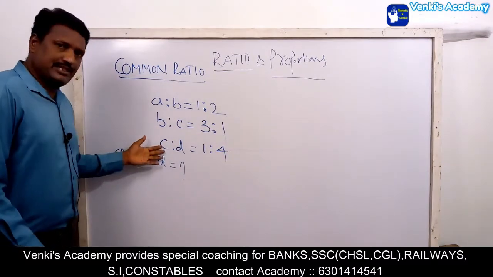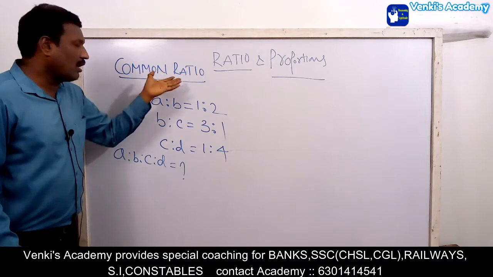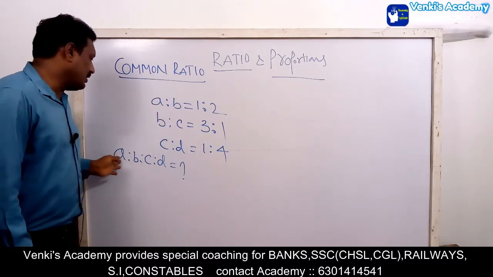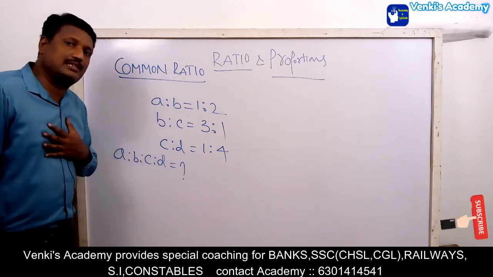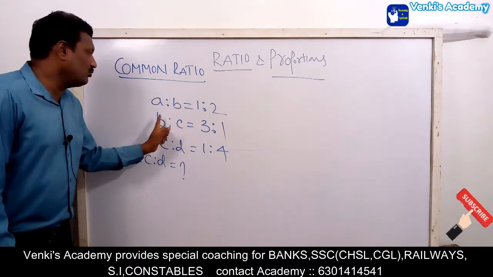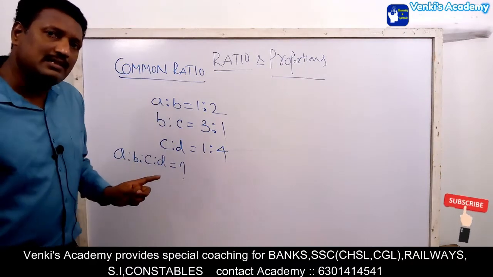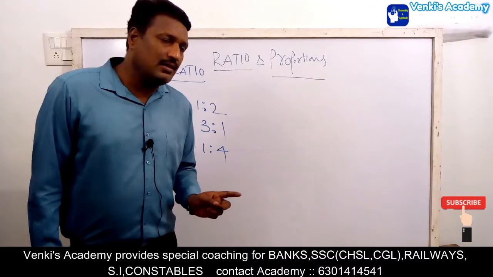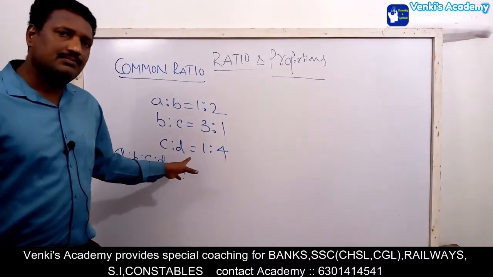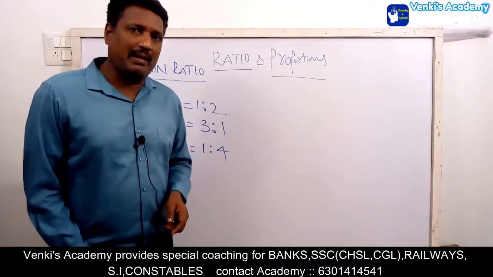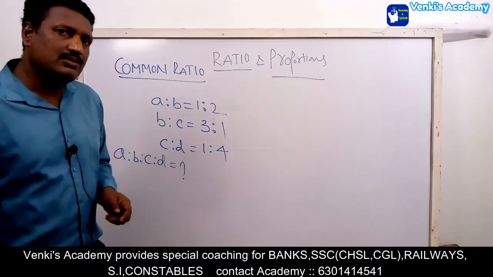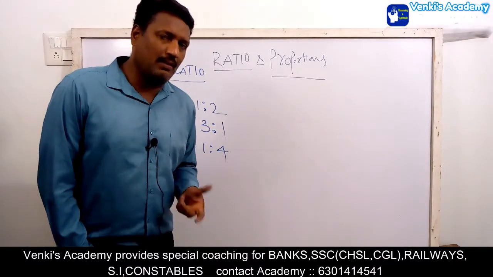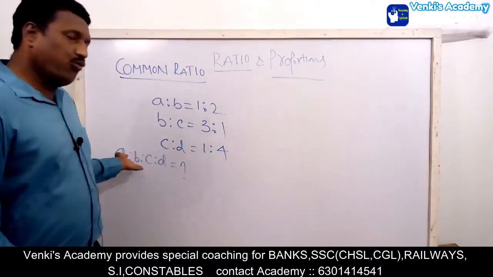I have given three ratios here. Now we are going to find the common ratio of A is to B is to C is to D. Here 1, 2, 3, 4, 5, 6, there are 6 quantities, 6 variables, 6 values. Of the 6 values, 2 values should be common. Finally, we will get only 4 variables.